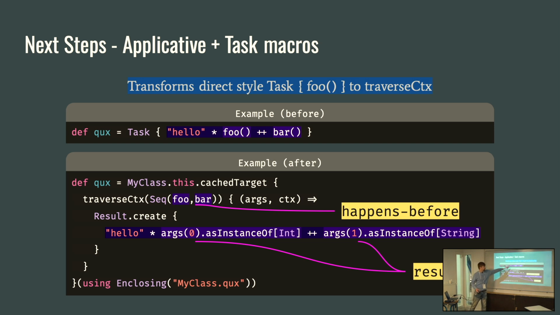Then we lift out the foo and bar as tasks into a list that goes up here. And then basically this evaluates foo and bar before we run the code inside. So we want to have a happens before. So we have foo and bar happen before this body here. So then these args is basically a list containing the results of evaluating this.